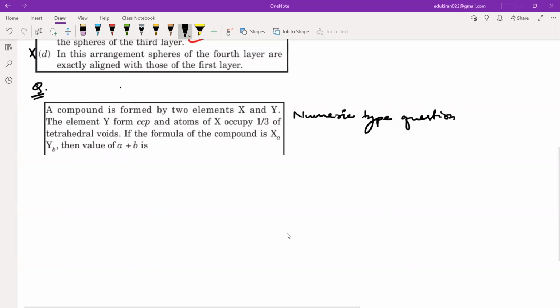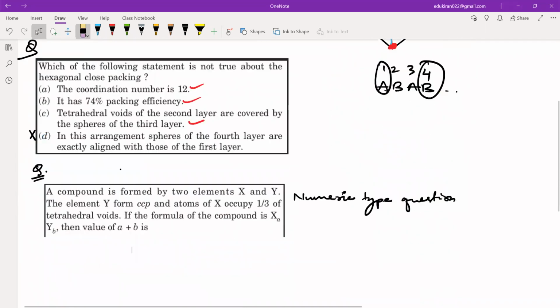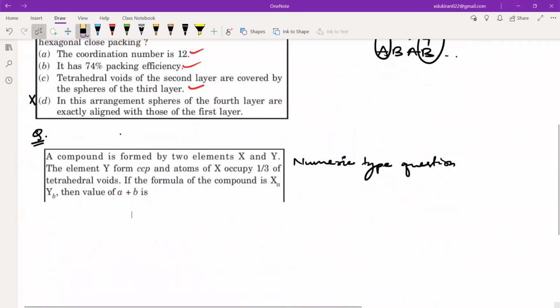You have to just tell me what is the value of A plus B.